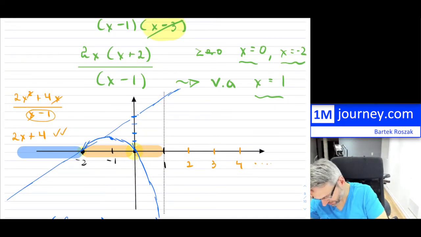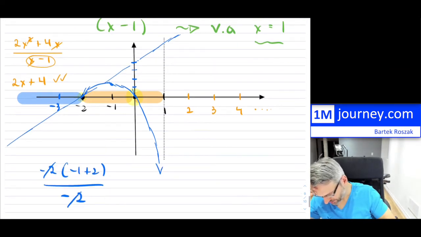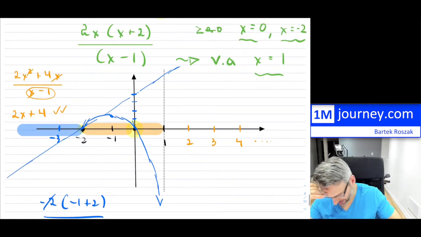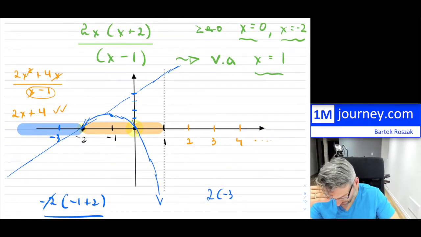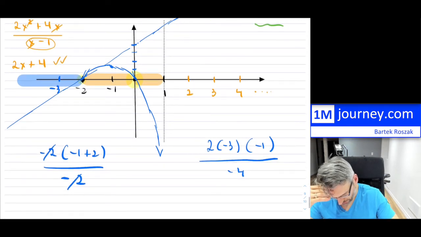Alright, so it crosses through here. At negative 3, so I'm just sketching it out. Notice that it's not easy. So 2, negative 3. So negative 3 plus 2 is negative 1. Negative 3 minus 1, so it's going to be negative 4. So it's going to be negative, negative, so that's 6.